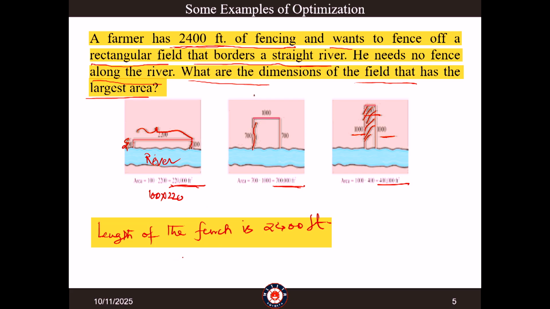Say, for example, the constraint is y on this side and x on this one.